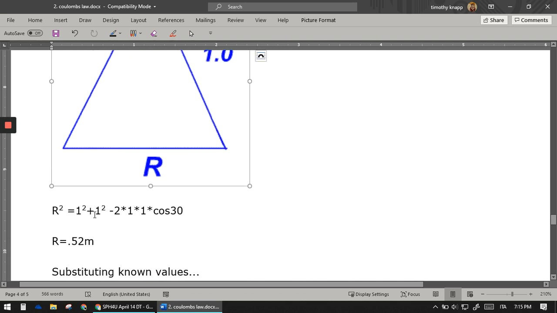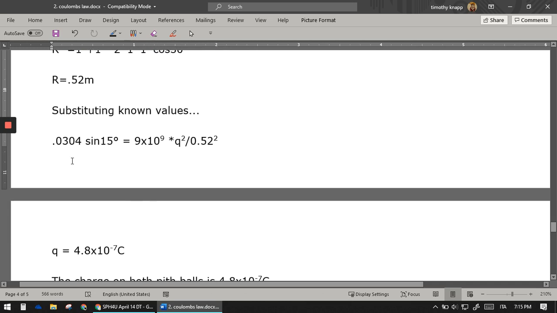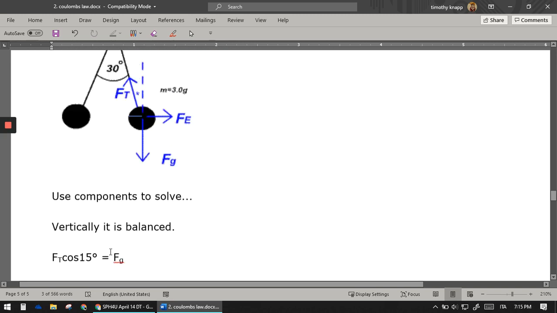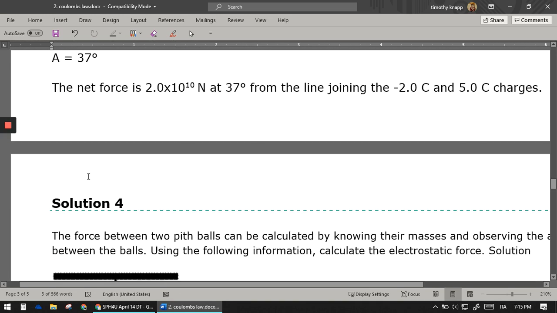And so 1 meter squared plus 1 meter squared minus 2 times 1 times 1 times the cosine of 30. So this is about 52 centimeters here. So you substitute in those values here. Remember that your Q's are equal, so it just turns into Q times Q, which is Q squared. And now you do a little bit of algebra, and it turns out that the charge on each ball is 4.8 times 10 to the negative 7. Okay? And there you have it, solution 4.